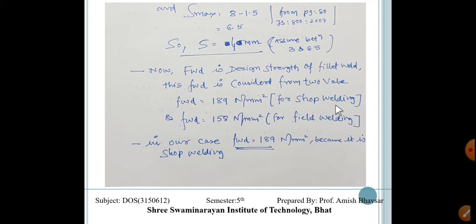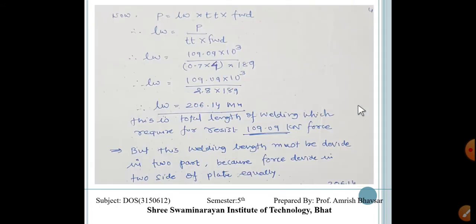But if we are going to do welding on site, FWD is equal to 158. Clear? Now in our case FWD is equal to 189 because in the question they have given us that shop welding is there. So we have to take FWD equal to 189.